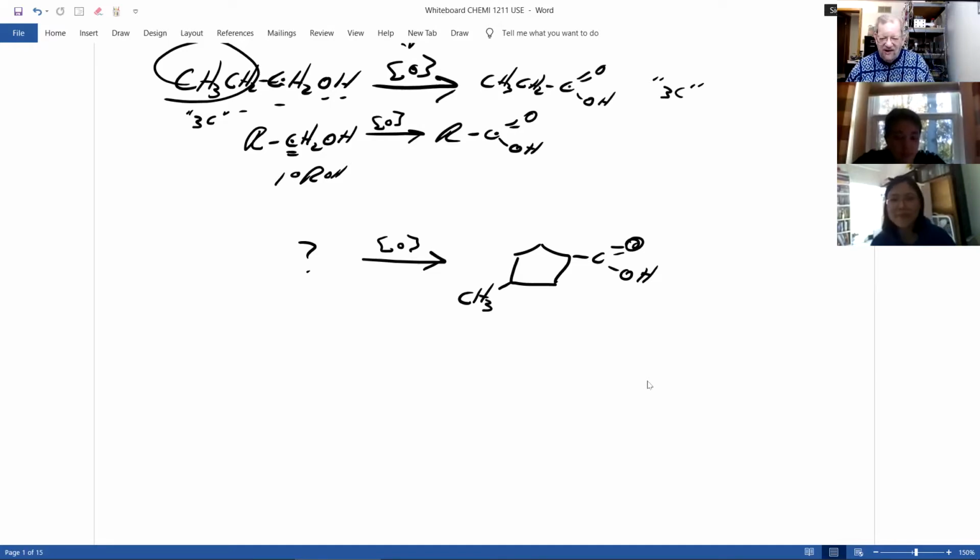All right, we look here, what's different? What's not a carbon-carbon single bond or carbon or hydrogen? Ooh, oxygen's here, here, and we have a carboxylic acid. And what do we oxidize to make a carboxylic acid?